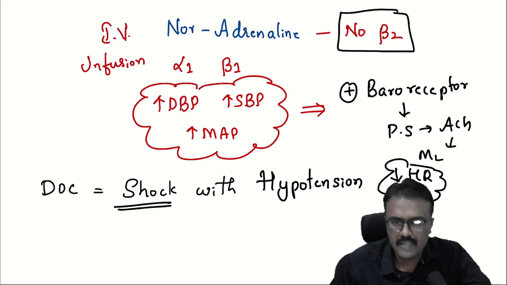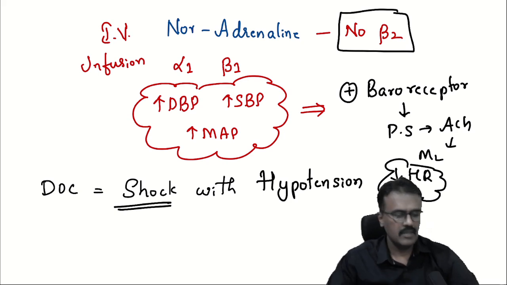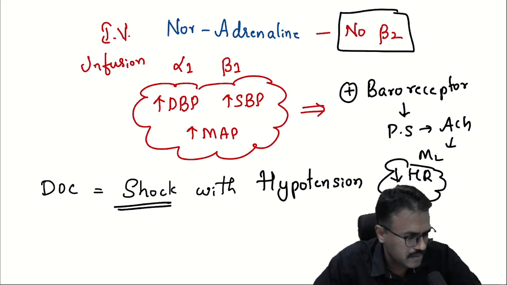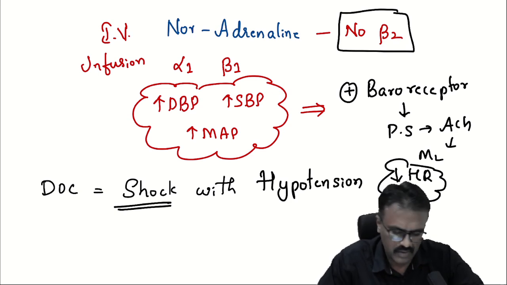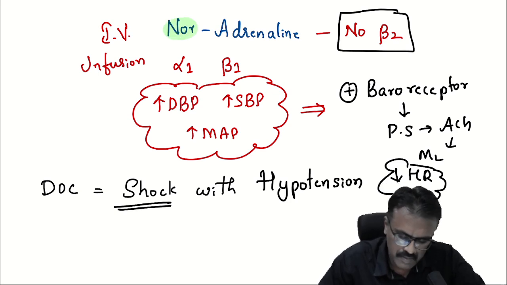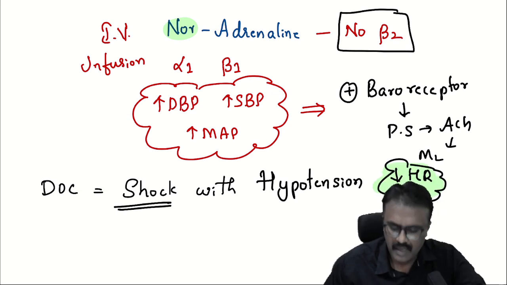That is called reflex bradycardia. Very good, Sai Gunvantri. So remember this, noradrenaline never decreases BP, but when you give infusion, there is reflex bradycardia. And why this happens has also been tested in the FMGE exam.